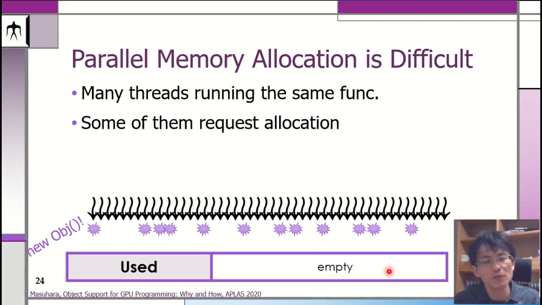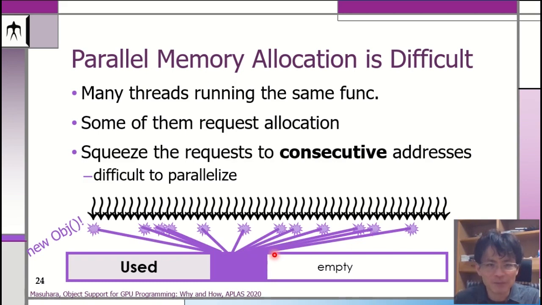Then what we need to do is pick the unused memory addresses and assign them to each memory allocation request. But the difficult point is we need to allocate distinct addresses for each request. And also, in order to achieve efficiency, we need locality. That means we need to squeeze those requests into consecutive memory addresses, which is actually a sequential process and very difficult to parallelize.